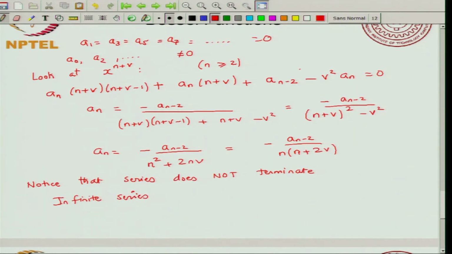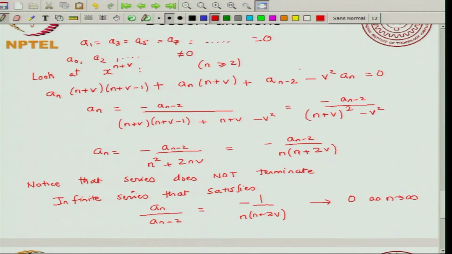However, you have one property for this infinite series: a n divided by a n minus 2 is equal to minus 1 over n times n plus 2 v. So, this tends to 0 as n tends to infinity.